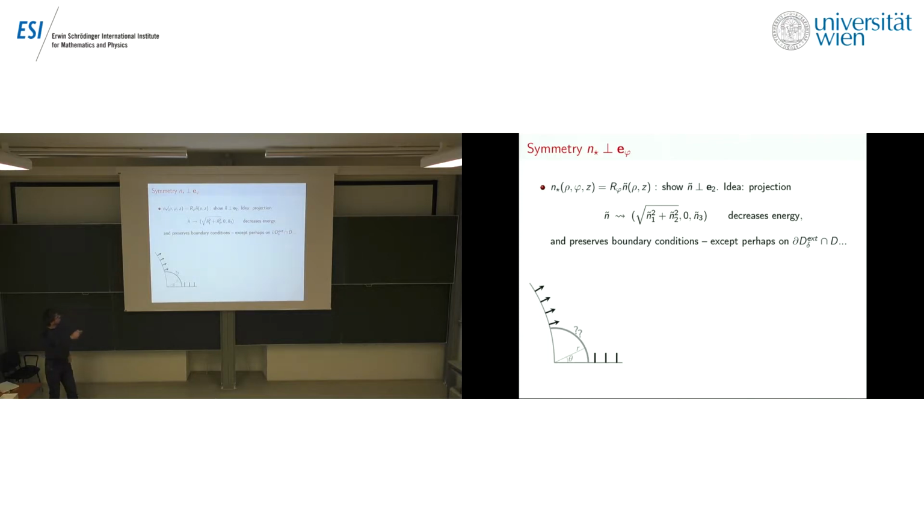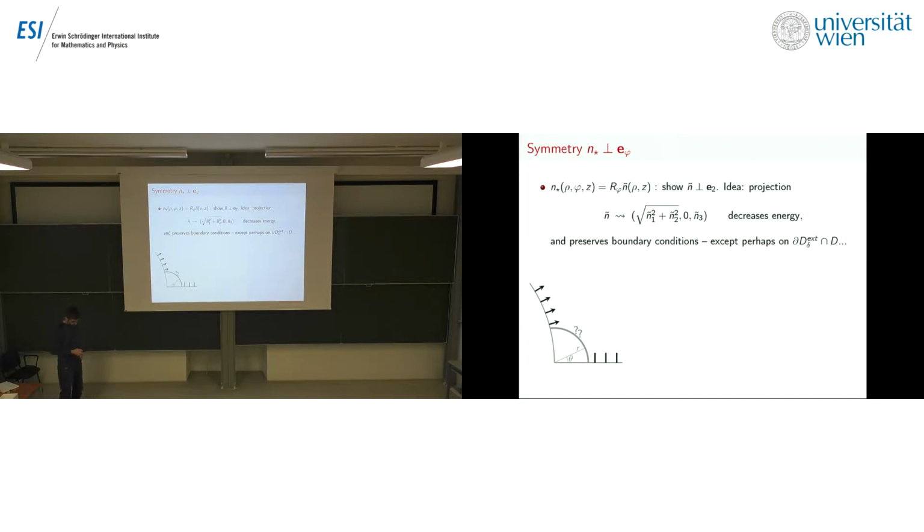And now what you need to do is show that n tilde is perpendicular to E2. And here you have to imagine I have my E1, E3. So E2 is the vector going perpendicular to the blackboard, right? I want to show that n tilde stays in this plane, in the plane of the board.